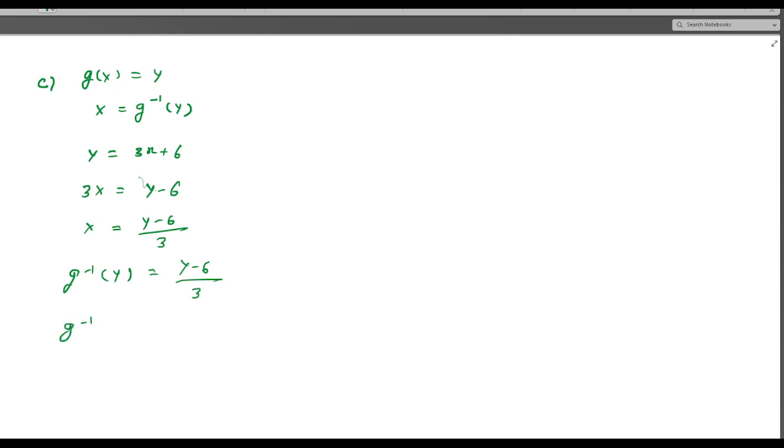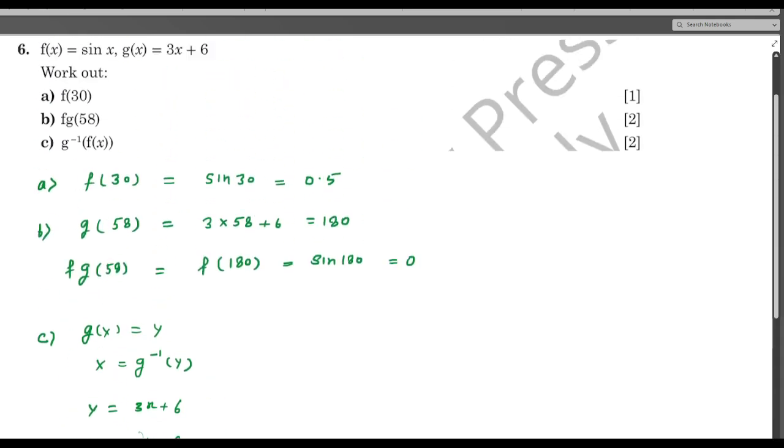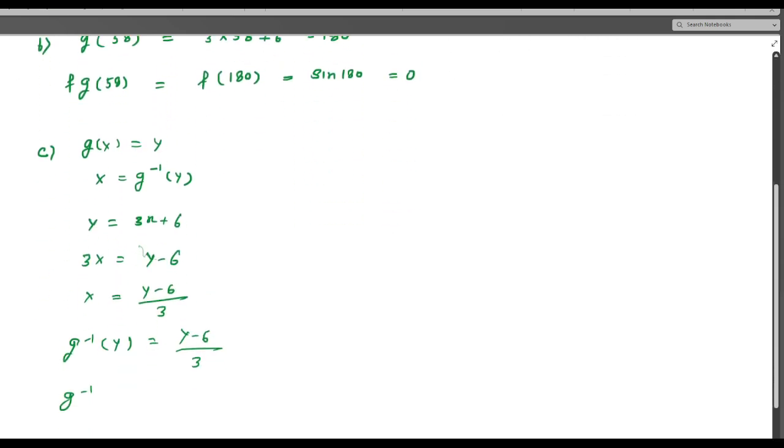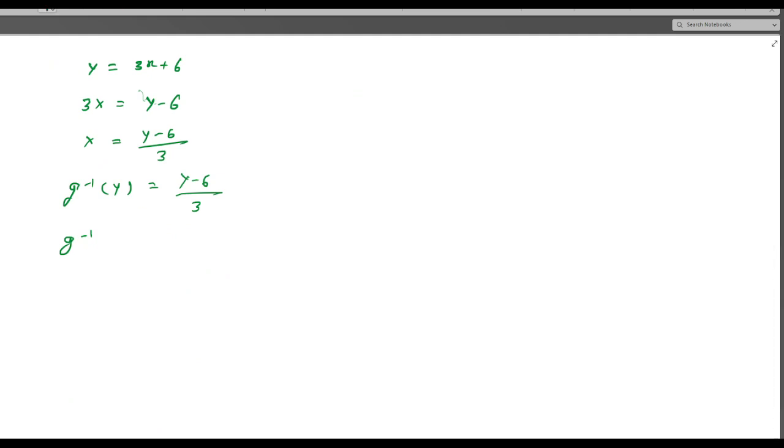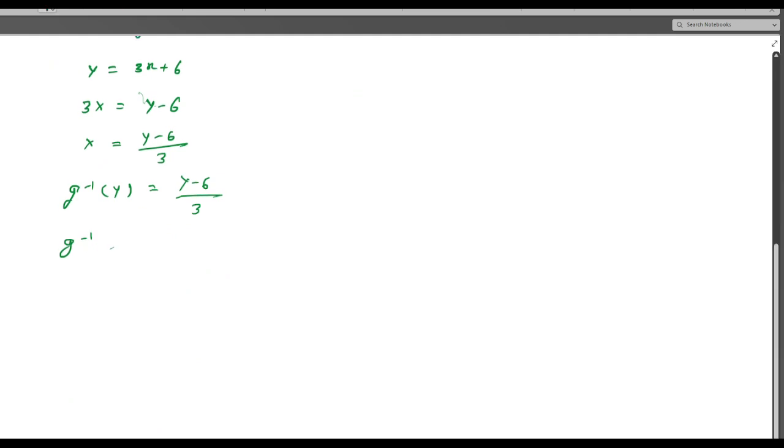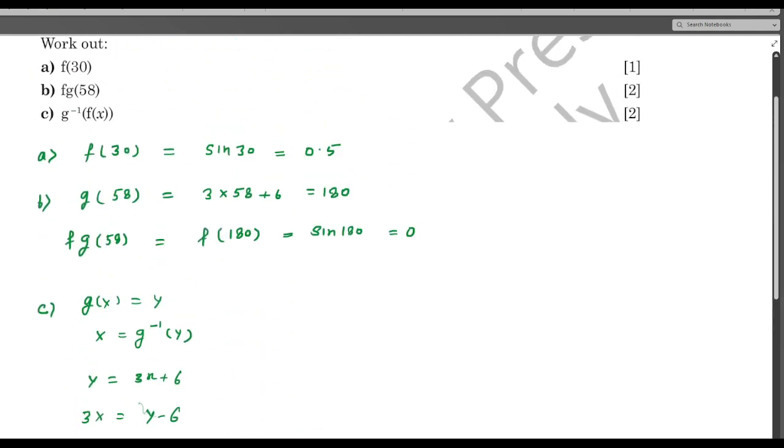Therefore, g inverse of f(x) will be equal to, now in place of y I am replacing f(x), so it is f(x) minus 6 divided by 3. Okay, let us see what is f(x). Your f(x) is sine x.